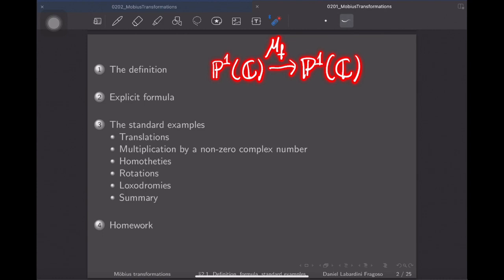Then we said a Möbius transformation of P1c is any function from P1c to P1c arising in this way, as the projective shadow of a bijective C-linear map of C2. I would say this is a very conceptual definition. A Möbius transformation is just the P1 shadow of a linear map.